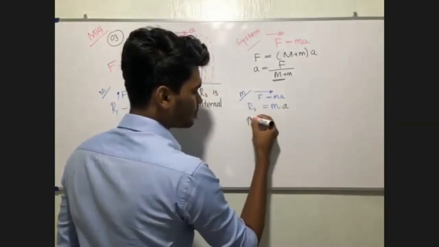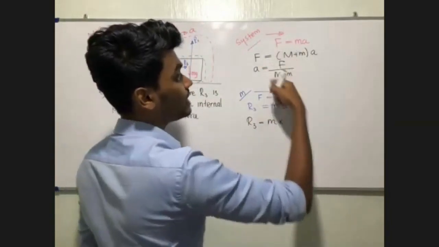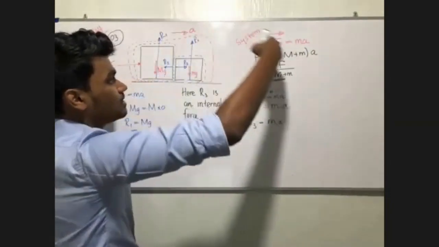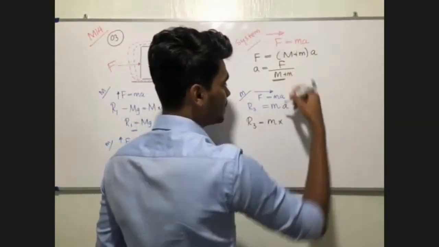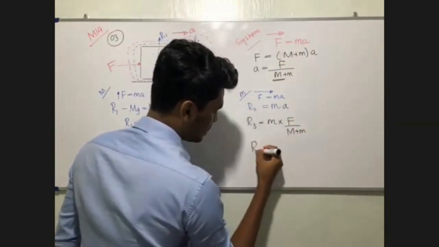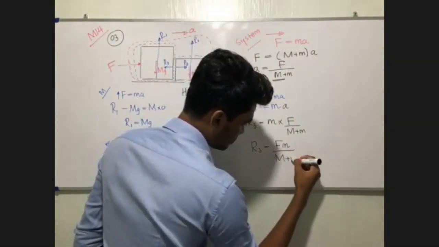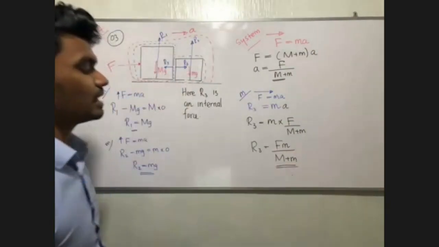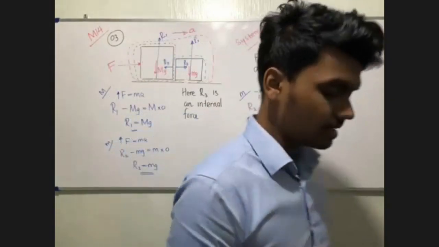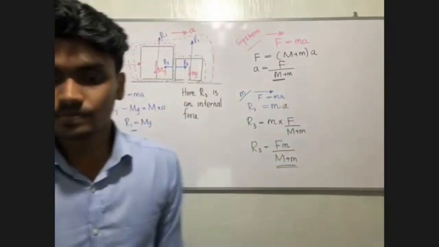So R3 is equal to m times A. That is why we found A, by considering the system and applying the horizontal equation, so that we could use it here. R3 is F m over M plus small m, right?